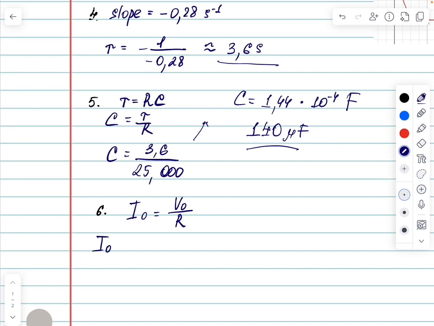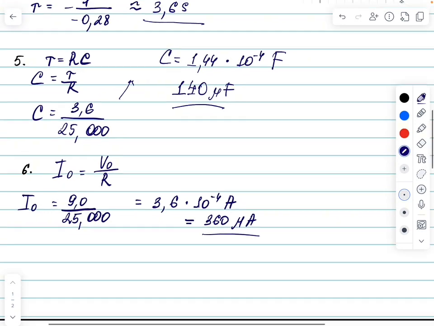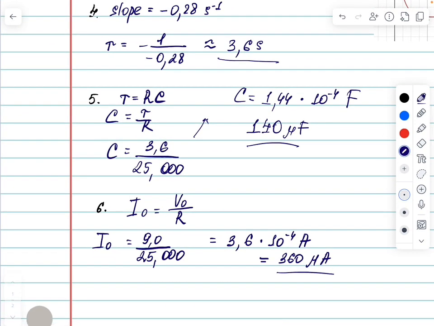So our I initial is 9 divided by 25,000, and this gives 3.6 multiplied by 10 to the minus 4, yeah, let me write. So yeah, we find this value. This is our initial current.